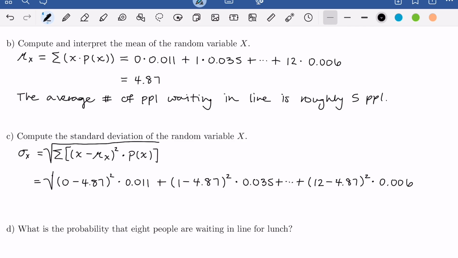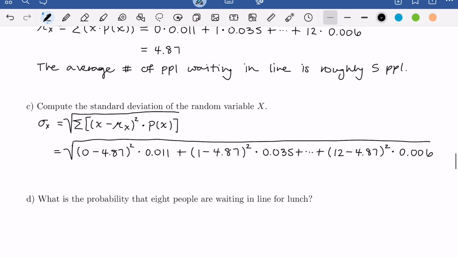And then whatever this is, we do need to take the square root of this entire thing here. All right, so doing so, this is going to be approximately the square root of 4.969. Taking the square root of this is going to give us 2.229. Okay, so roughly 2.2 people.